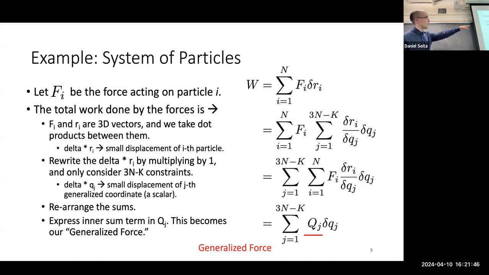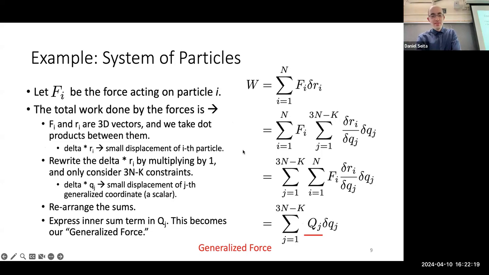So that's what the first term is. It's a sum of a bunch of dot products of the 3D forces and the small change in the position of each of these based on the application of the force. So what's going on here is a rewriting of this to express it in terms of Qj, like the generalized forces.